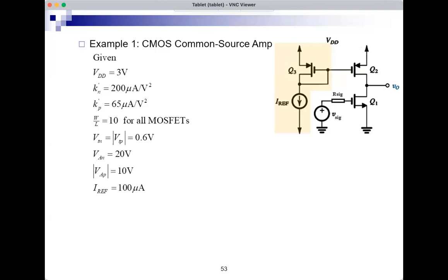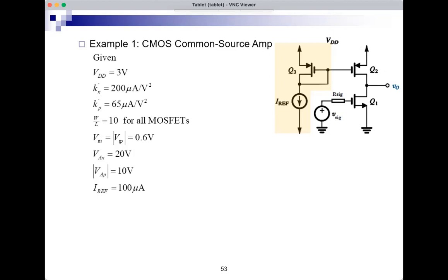If you notice, this is the same given that we had previously when we calculated the currents, the low frequency gain and output resistance. So we know from before what the low frequency gain and output resistance are, and of course the input resistance here is infinite.